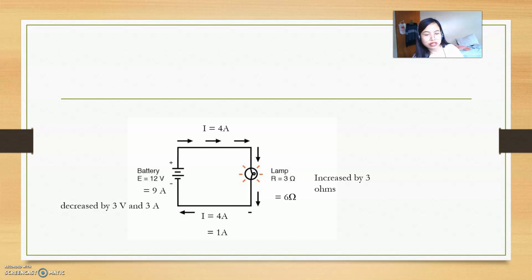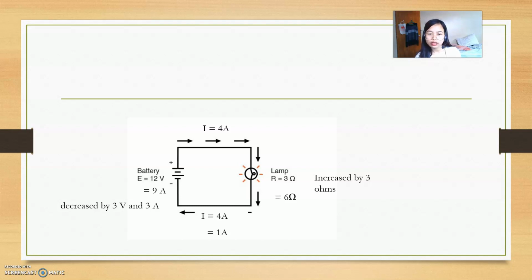When we say inversely proportional, it means kung tumaas ang voltage and current, ang resistance naman niya ay bababa. And if the resistance increased, the voltage and the current will decrease. That's how we explain Ohm's law.